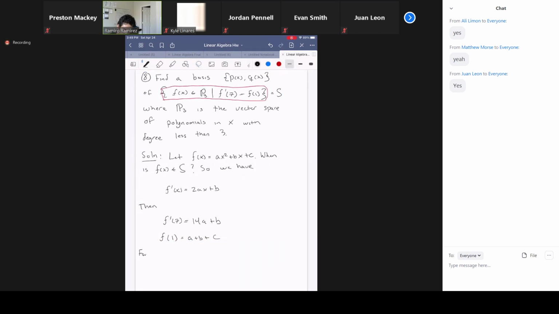For f to be in S, we need that 14a plus b is equal to a plus b plus c. Okay? Well, you know how to solve a system now, right? So solve this. Let me take this over here.